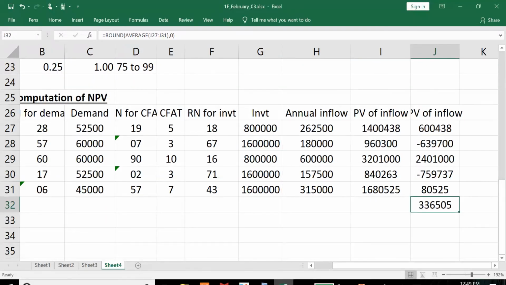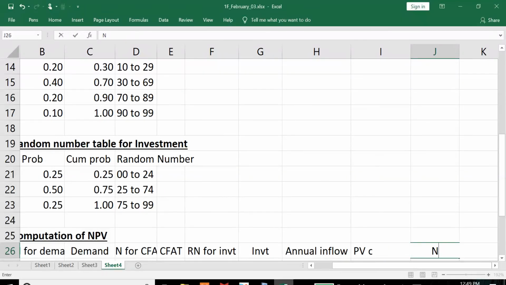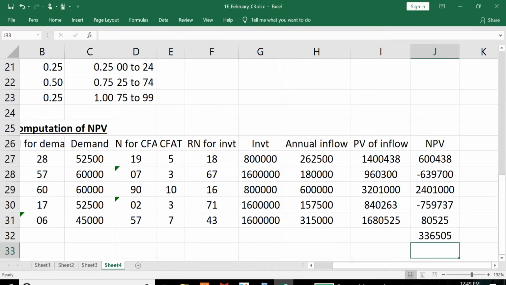We will take an average of the last column, which is your NPV. The average is 336,505.